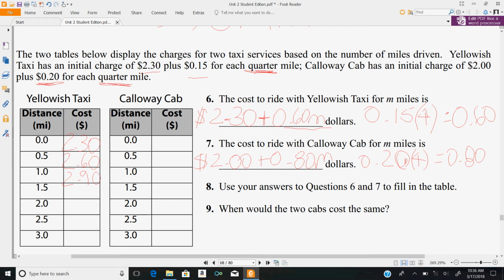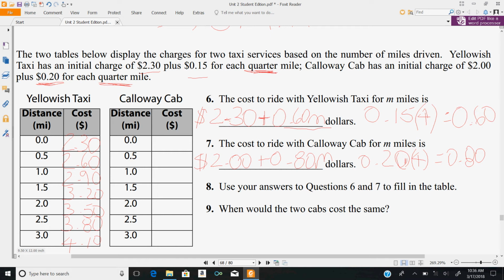A lot of people will notice, though, you're just adding 30 cents every time because you're going up by a half a mile. So add 0.3, 3.20, 3.50, because I add another 0.3. Add 0.3, I get 3.80, and then 4.10.